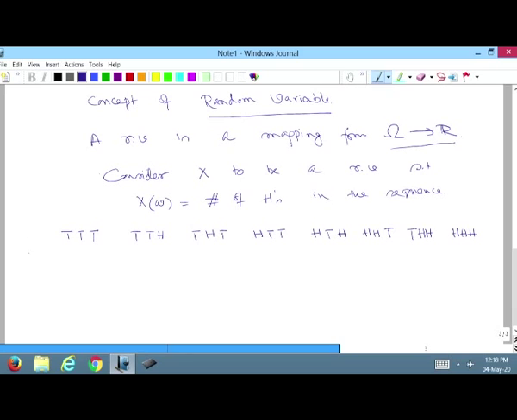Therefore, if we apply X, then what we get? There are 0 heads in this. These 3 lead to 1. These 3 lead to 2, and this leads to 3. Therefore, the random variable X takes values either 0 or 1 or 2 or 3.